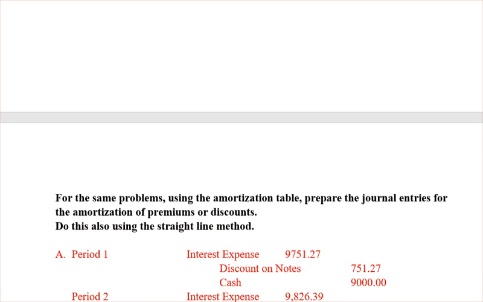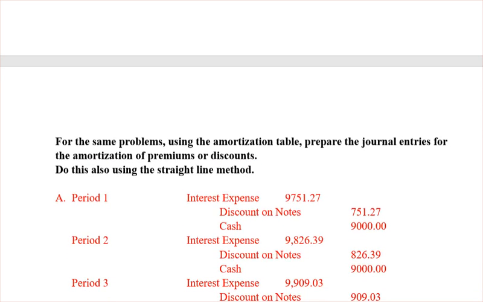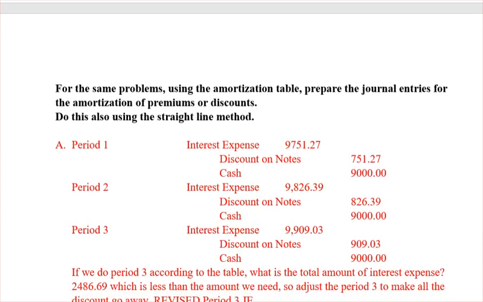Here again, review journal entries. If you have a discount, you have two interest expense components that combine in the same direction, one from the cash paid and one from the amortization, because if you have a discount, the carrying value increases, so the total amount of your interest expense needs to increase.